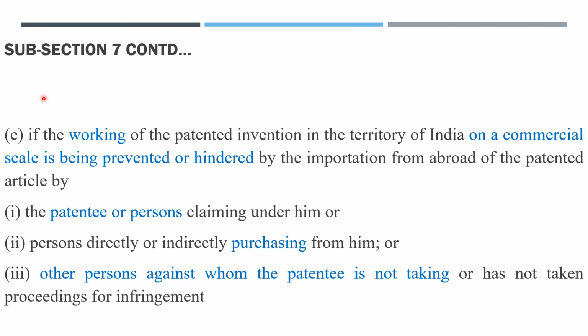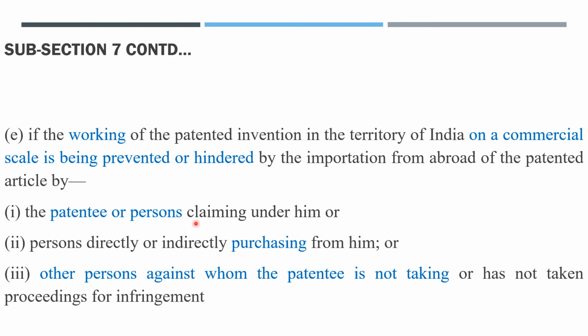I can read it again for you. If the working of the patented invention in the territory of India on a commercial scale is being prevented or hindered, that means the working is hindered here. Why? By the importation from abroad of the patented article. By what means?